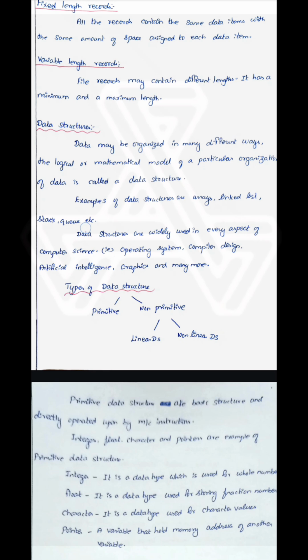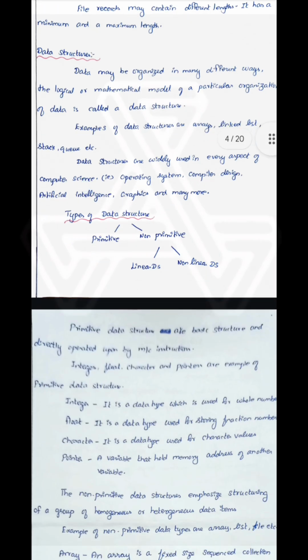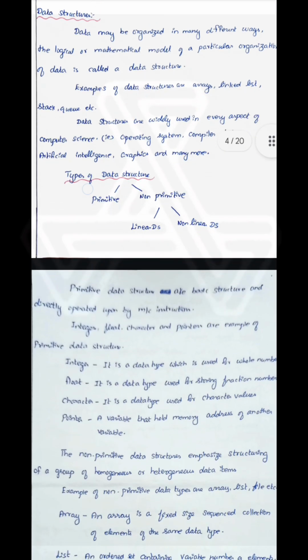Data structure: data may be organized in many different ways. The logical or mathematical model of a particular organization of data is called a data structure.